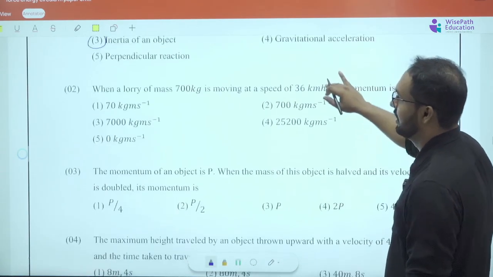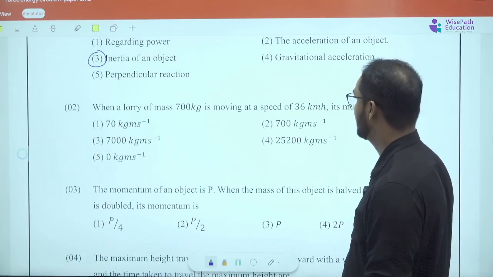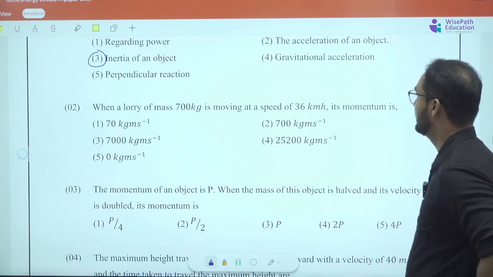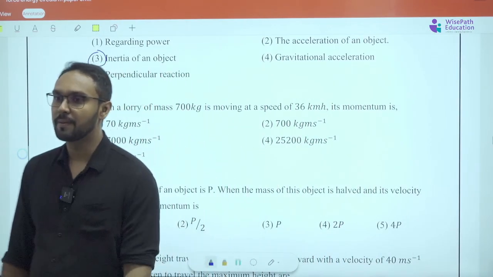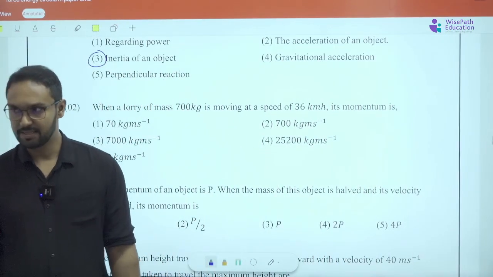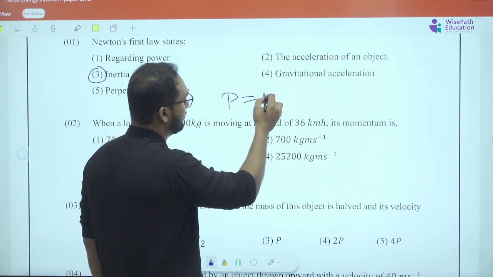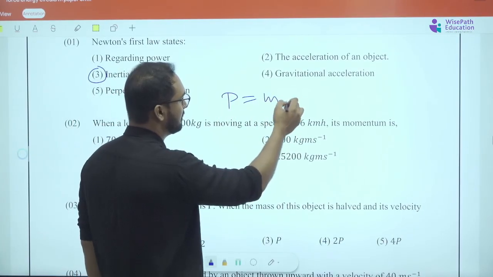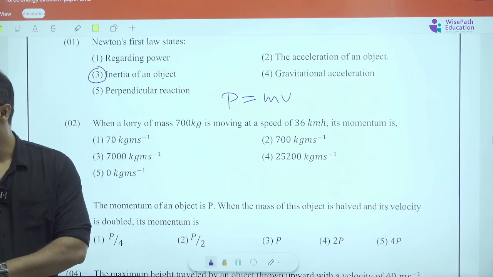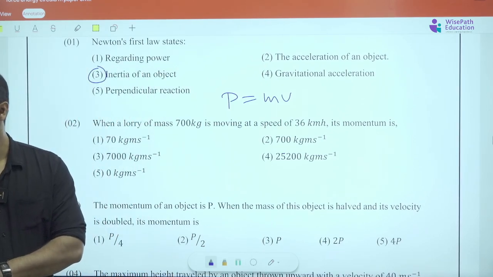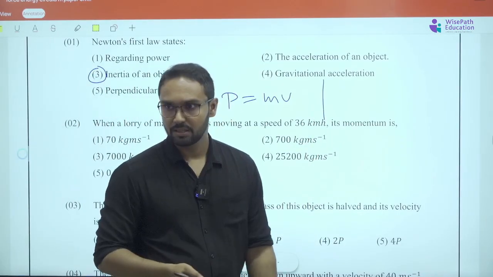Right. When a lorry of mass 700 kilograms is moving at a speed of 36 kilometers per hour, its momentum is. So momentum is equal to mass into velocity. Can you apply the velocity in kilometers per hour? What do you have to do? You have to convert the velocity into meters per second.